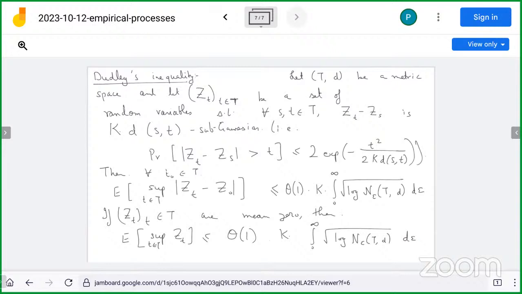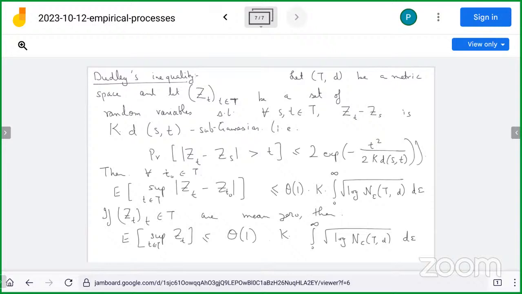And if you're mean zero, then for any point you can do this. Yeah, so we'll see. The trick is what the random variables are.